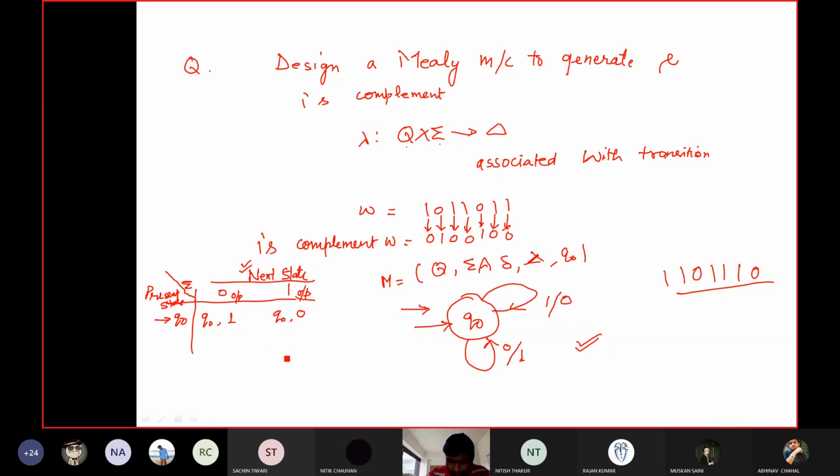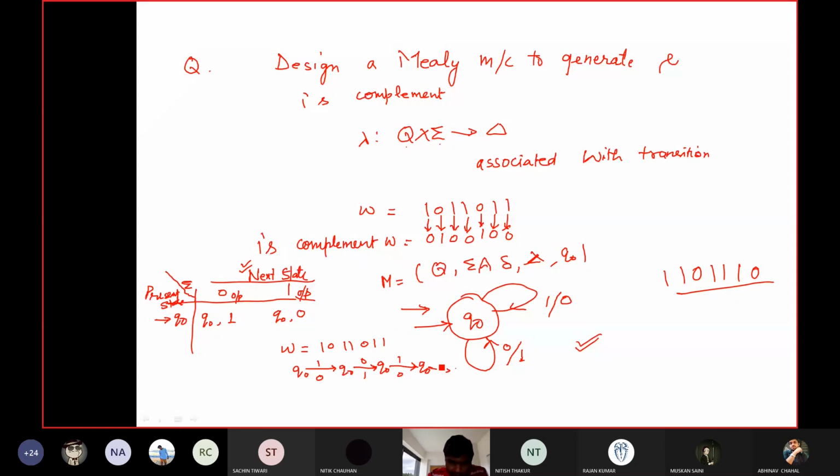Now if you take any string W, equivalent to 1 0 1 1 0 1 1, see here, when we apply it at Q0, what will be the path? Q0 on 1 goes to Q0, and the corresponding output is 0. Q0 on 0 goes to Q0, output 1. Then 1 comes, Q0 on 1 goes to Q0, again output is 0.